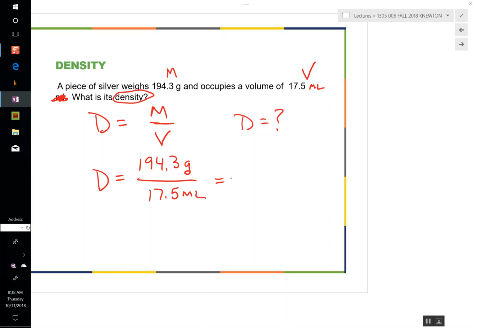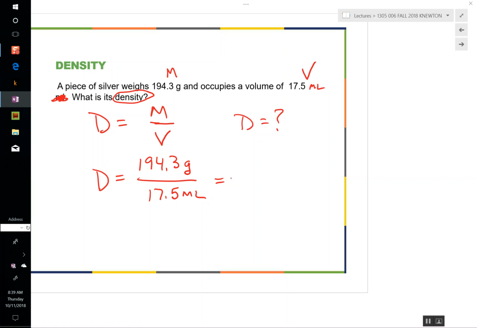And of course you're going to need to round the number off. And you're going to round it off to how many significant figures? 3.